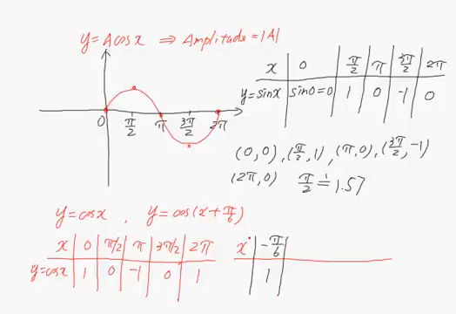Then similarly, you shift the half pi to the left by pi over 6, you get half pi minus pi over 6. And this is equal to, okay, 3 pi over 6, 3 pi minus pi, you have 2 pi over 6. That is pi over 3, right?